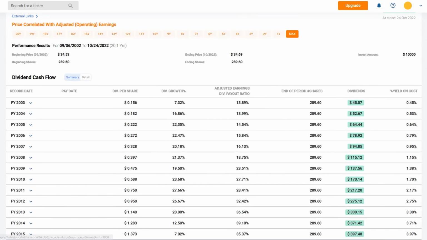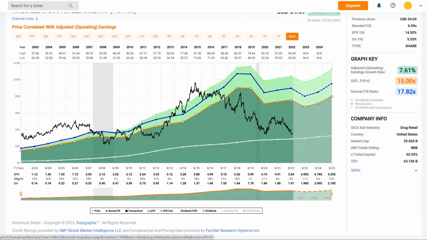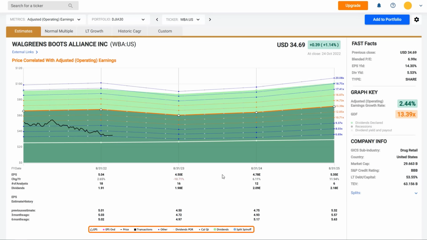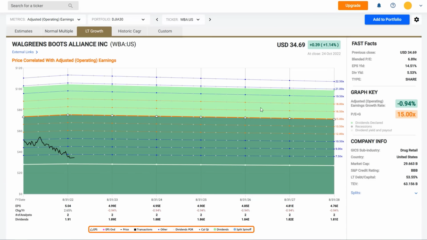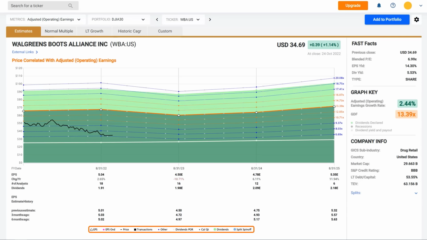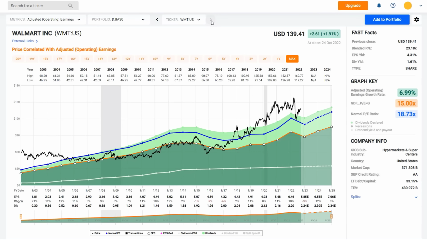So, this is a company that, if you expect a turnaround, the forecasting graphs do show they expect the company to start growing again. The long-term growth rate is given as negative right now by these analysts. Again, this is when you want to do your own homework. You might want to check other websites. But the real allure here to Walgreens Boots Alliance is how cheap the stock is.